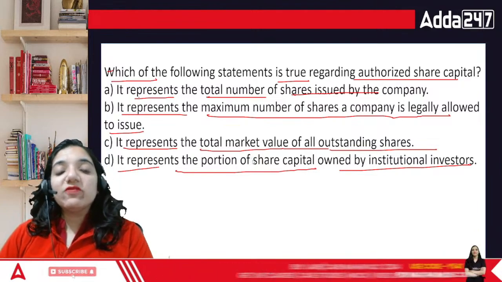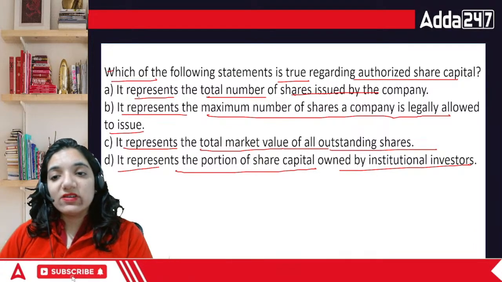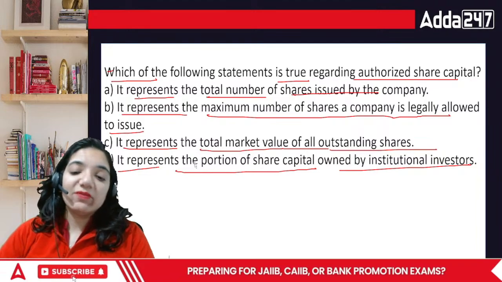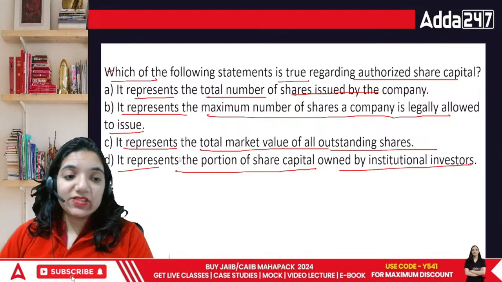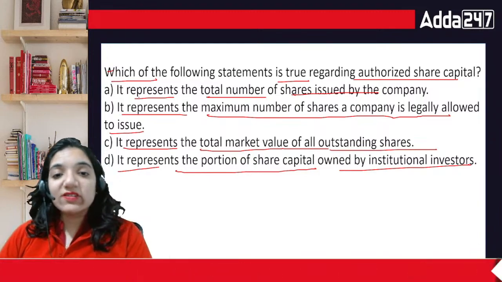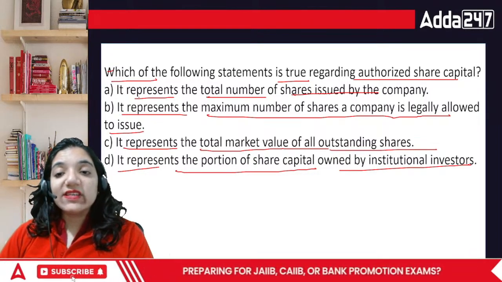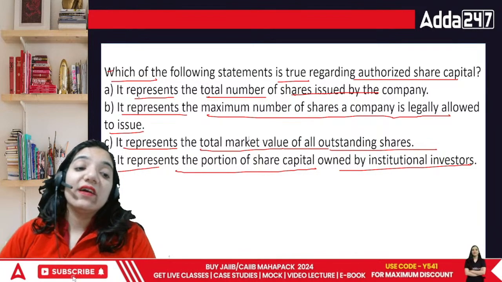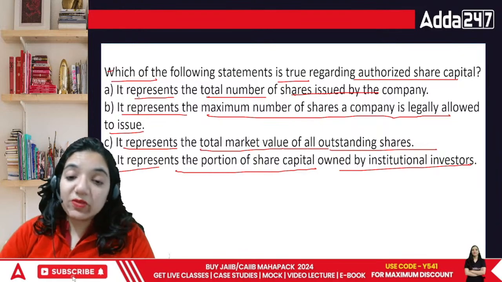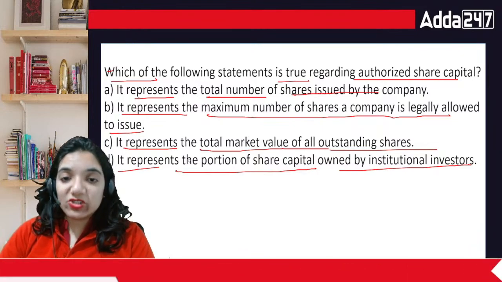Authorized basically simply means the one for which we have taken permission. That is what the term authorized means. In this case, authorized is that part which we have taken permission from ROC to raise this much amount of money.